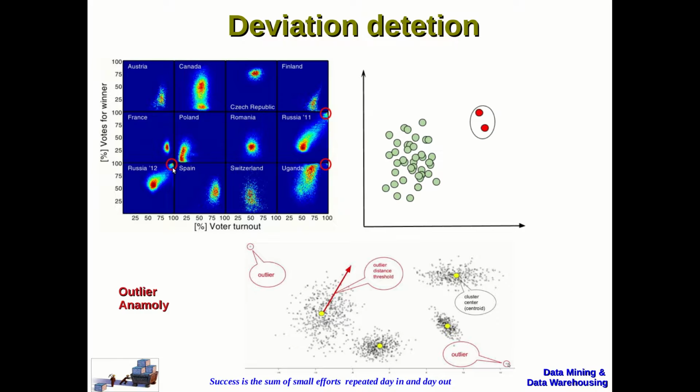So the analyst may be analyzing why the percentage of voter turnout is very less in this particular area, which can be analyzed by the data mining analyst. The same way, if you see this particular graph, this is going to be the center point for this cluster, right? The same way for this cluster this is the center point, and here this becomes the center point, and this is the center point of the cluster.